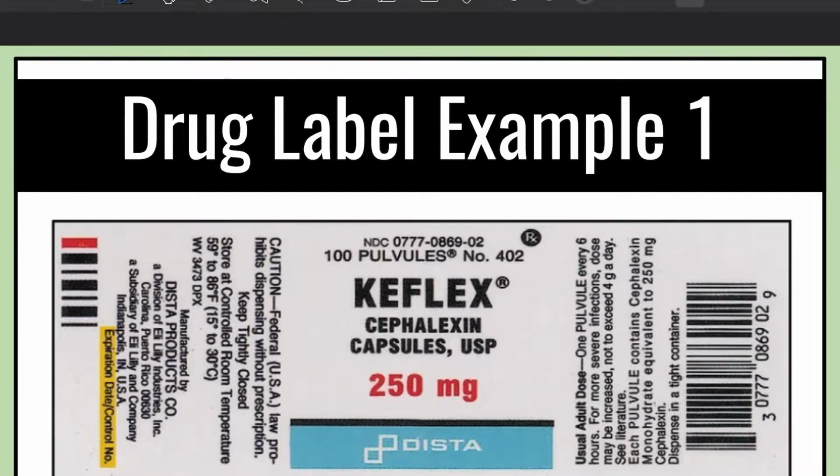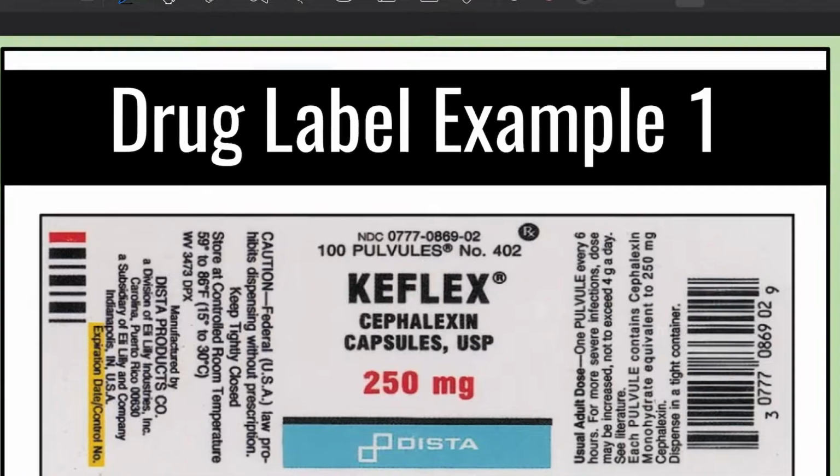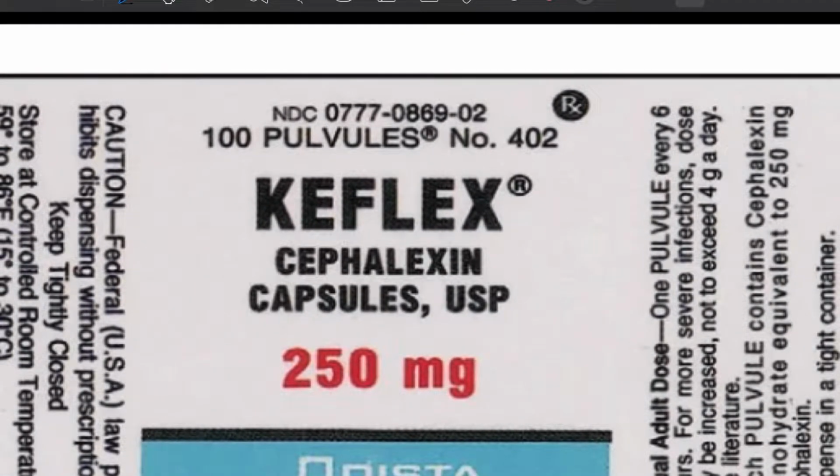All right, so looking at some examples here. Zoom in a little bit more. So we're looking at this drug label, and we're going to ask ourselves, okay, what's my trade name? Well, there's an R in a circle here. So Keflex is going to be my trade name. All right, well, we know that it has to have a generic name, and we see this cephalexin right here.